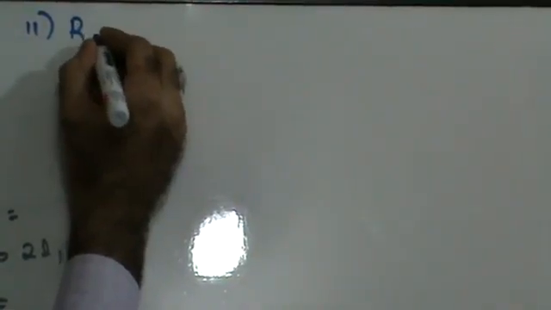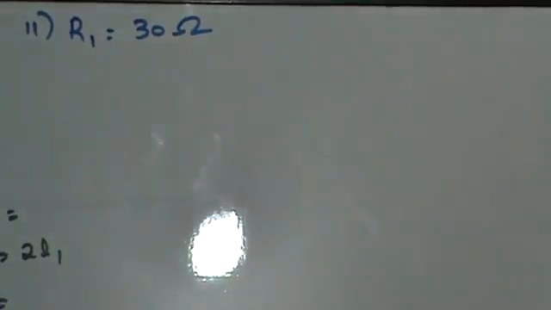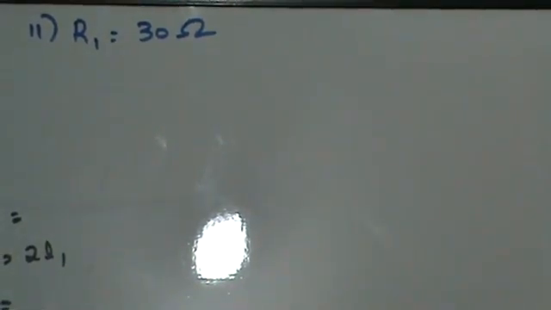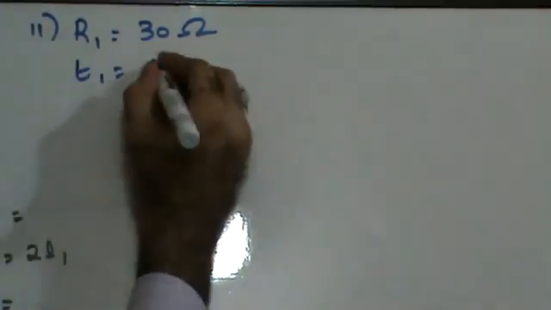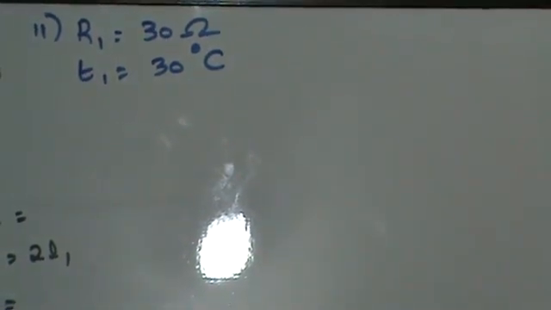A copper wire has a resistance of 30 ohms at 30 degrees Celsius.